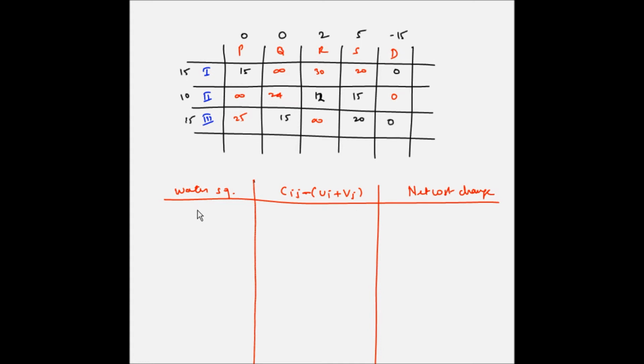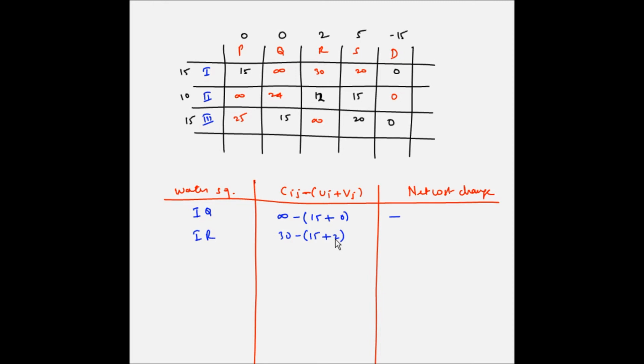So the first water square is 1Q. Now Cij is infinity, Ui is 15 and Vj is 0. Since this has an infinity value, let's skip it. The next water square is 1R. Cij is 30, Ui is 15 and Vj is 2.